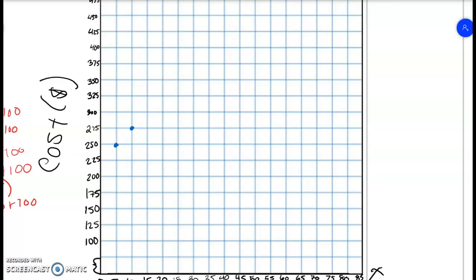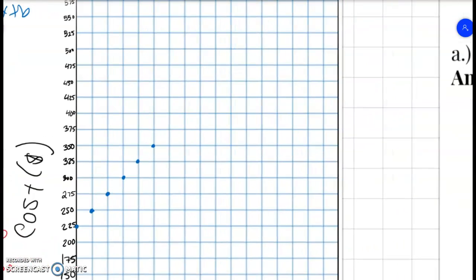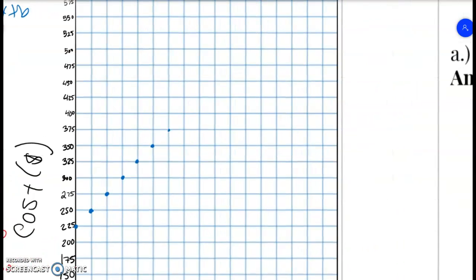So as you can see, it's increasing by 25 each time I get a snack. So what I can do from here, if I don't know my original points, is start with my y-intercept. Always start with your y-intercept when graphing at first. Since I know what the pattern is going to be, I'm just going to continue on, and it looks like I'm going to go up 25 and over 5.